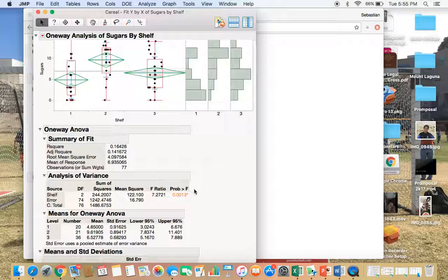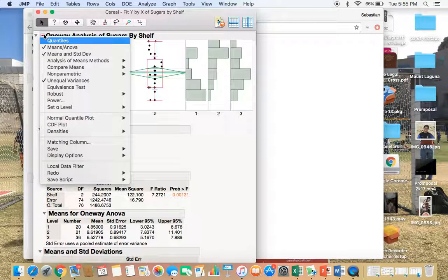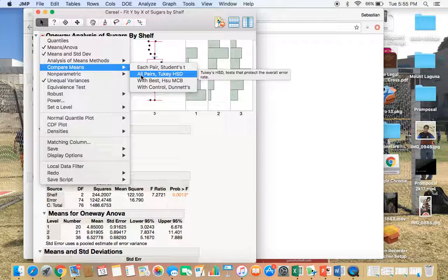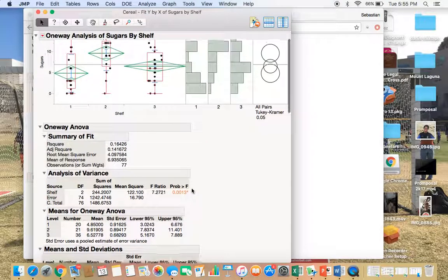So it says Bonferroni test in here, but in our stats class we've used Tukey multiple comparisons. And in order to conduct the Tukey multiple comparisons method, we click the hotspot and we go down to compare means and all pairs Tukey HSD.